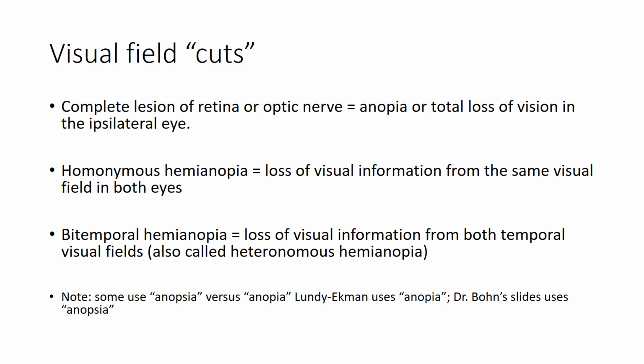Okay, so it's bitemporal, which is kind of self-explanatory, isn't it? The temporal field in both eyes, or heteronymous hemianopia, whereas the loss of visual information from the same visual field in both eyes is homonymous hemianopia.